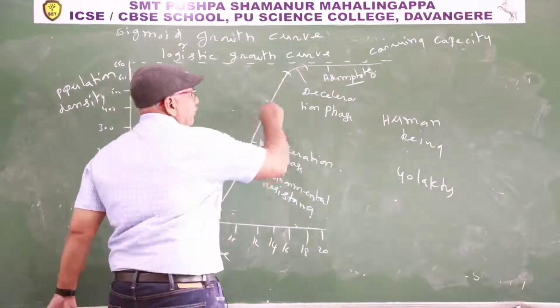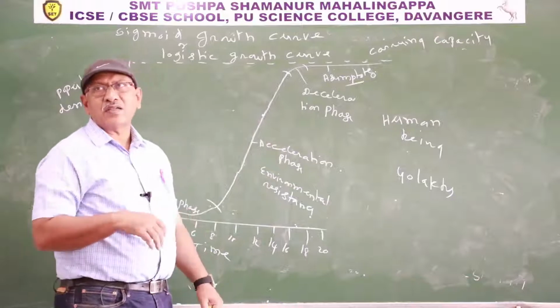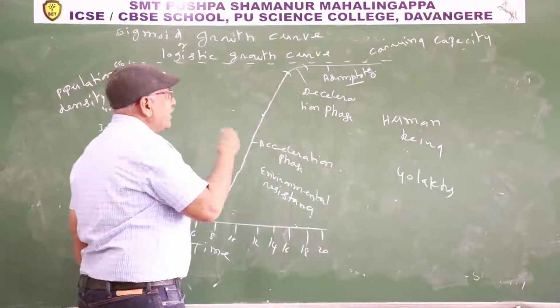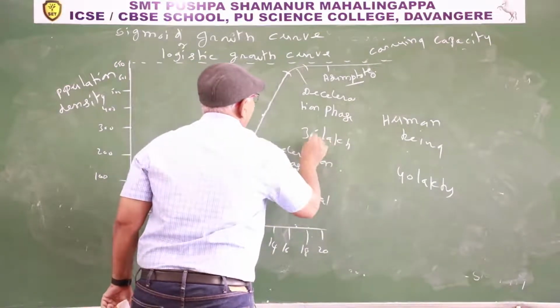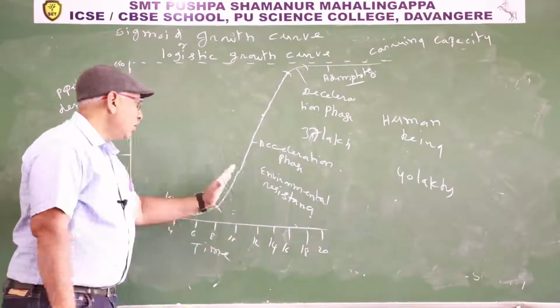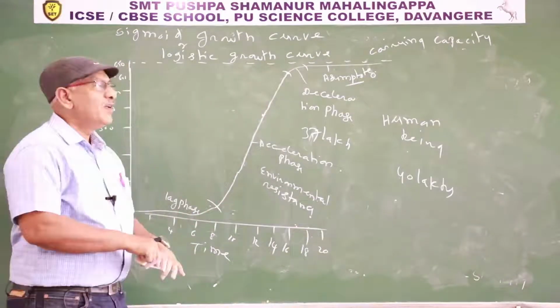So the available area is sufficient to construct houses, and these houses accommodate 35 lakhs or 37 lakhs. So the human population rapidly reaches 37 lakhs.